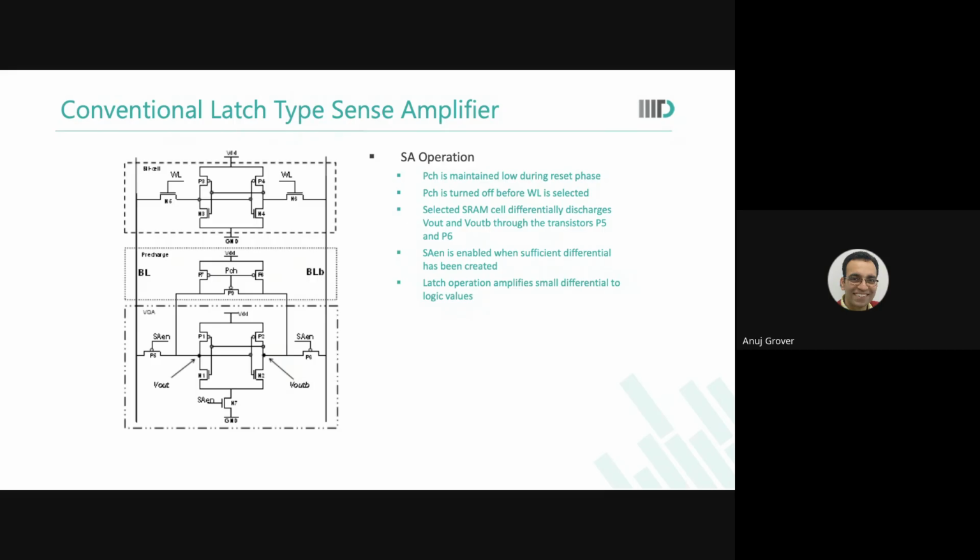Now let's check if this kind of a variation makes an impact here or not. Let's say we had, let me use the other color pen. Let's say we had a contour coming like this. We had higher VT on this side and lower VT on this side. We're assuming a linear contour. Okay.